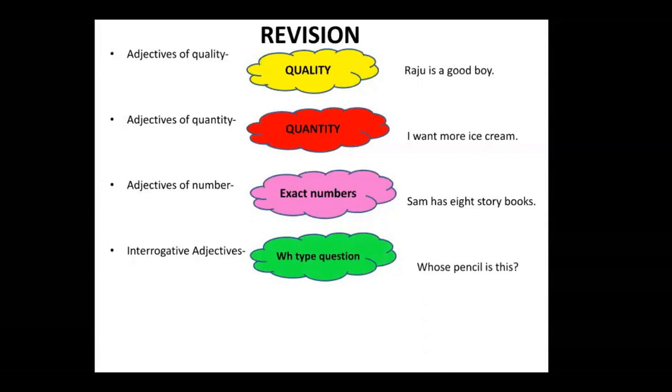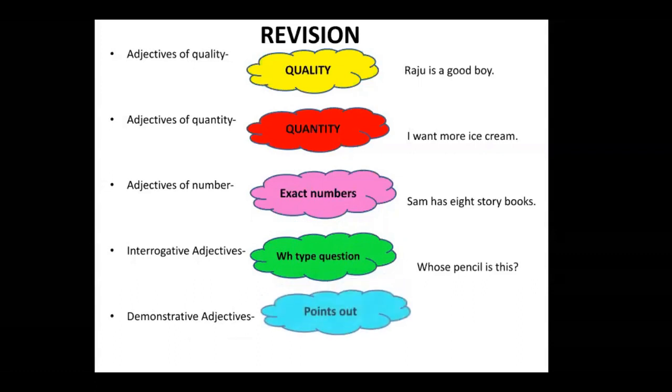Whose pencil is this? Here the word whose is telling us something about pencil. So the word whose is an interrogative adjective. And the last type we studied is demonstrative adjectives.